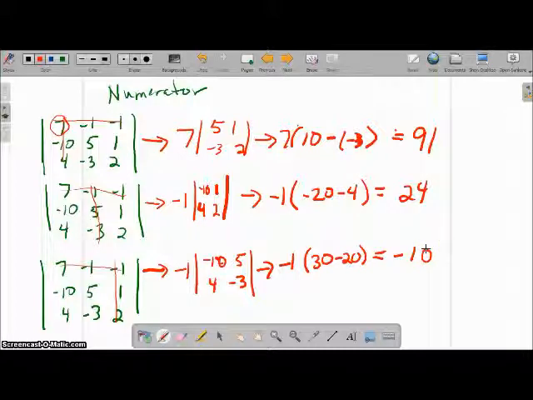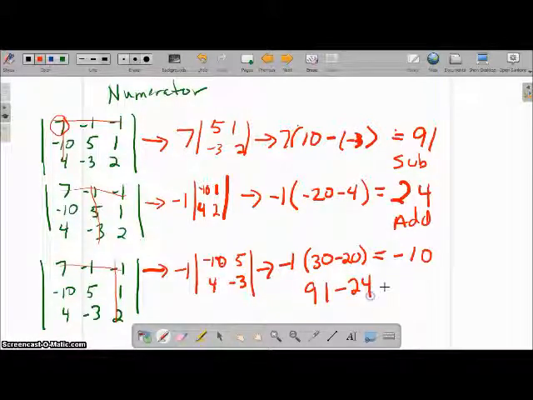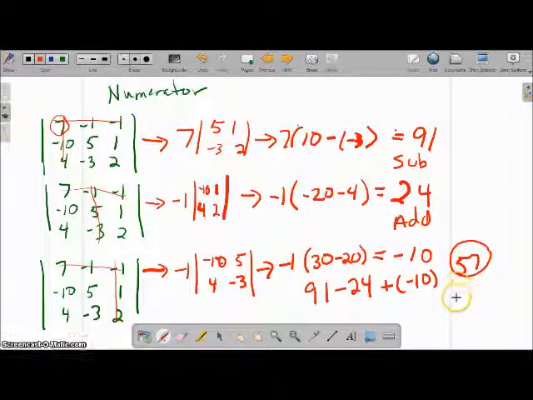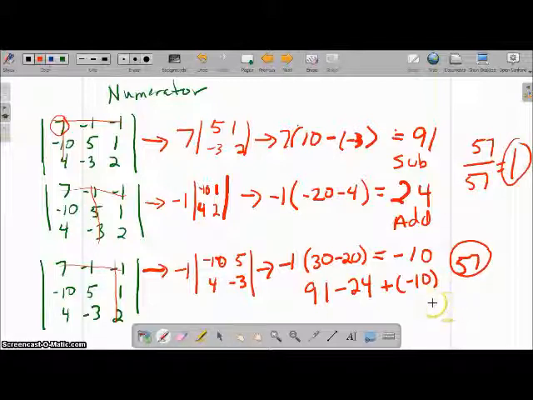And then just like we did before, you subtract and then you add. So we've got 91 minus 24 plus a -10. When you add all this together, you get 57. Now you might recall that our denominator was also 57. So our numerator was 57, our denominator was 57, so 1 is our x value. So x equals 1.